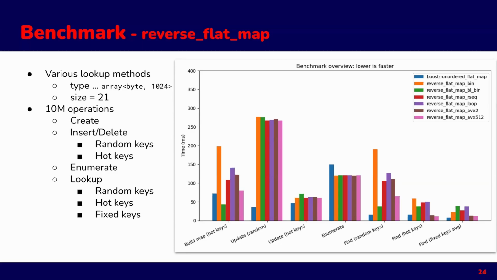All the implementations are faster than the meaningless enumeration of the hash map. And for random keys, not great, but for hot keys, it looks very, very good. And also for fixed keys. Maybe I would mention the branchless binary lookup.